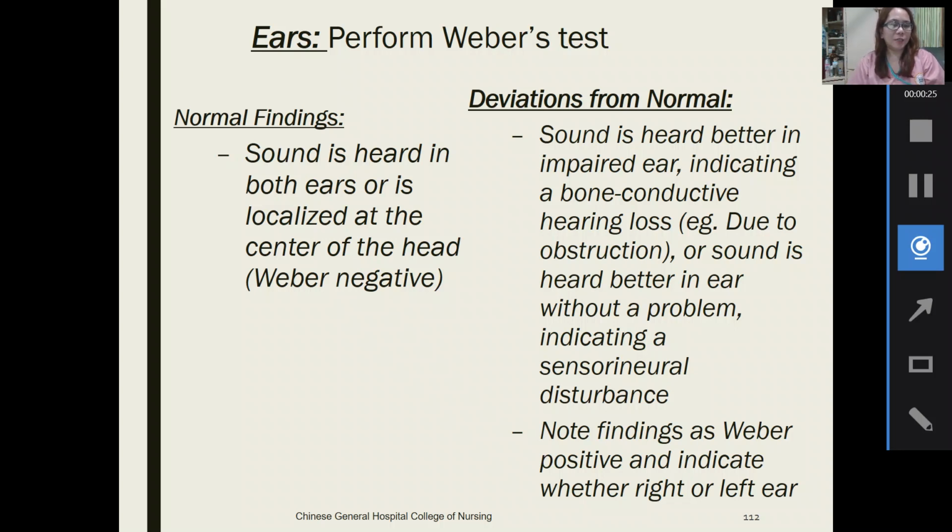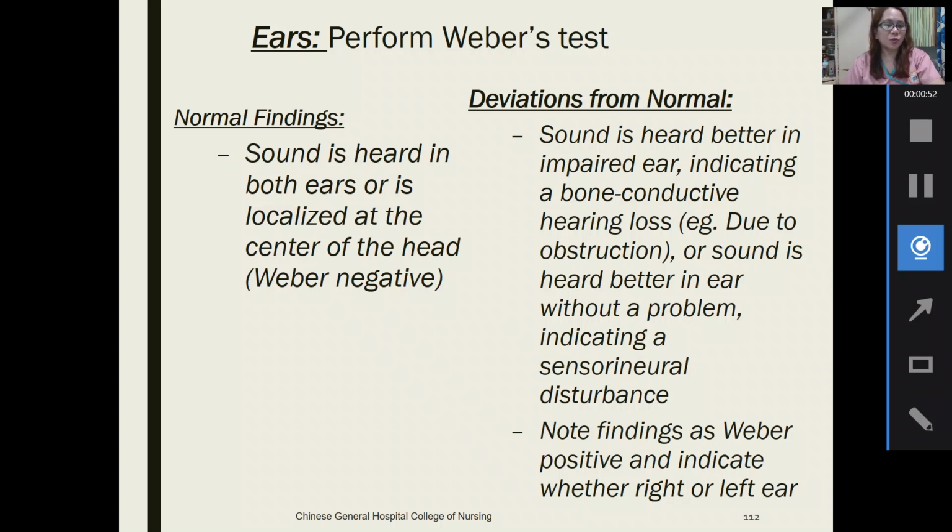So, in performing the Weber's test, nasabi ko na kanina yung normal findings. So, kapag sound is heard better in impaired ear, so that is indicating a bone conductive hearing loss. Okay? Probably due to obstruction. Or the sound is heard better in ear without a problem.